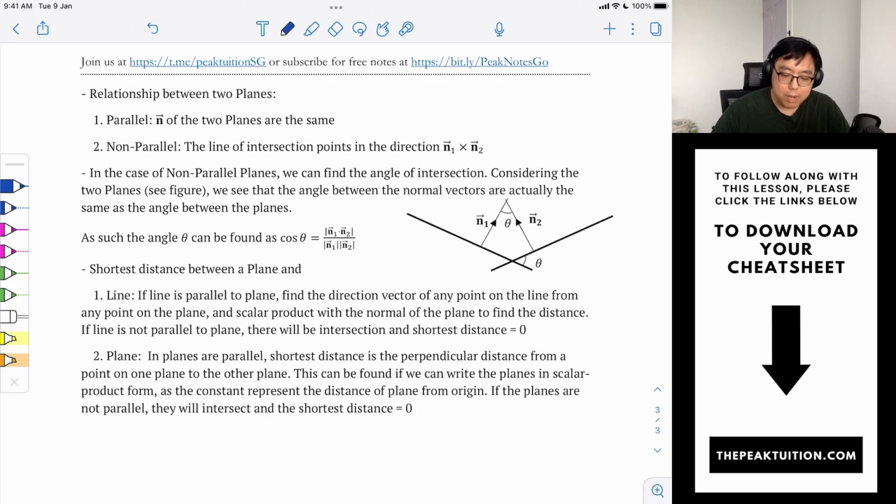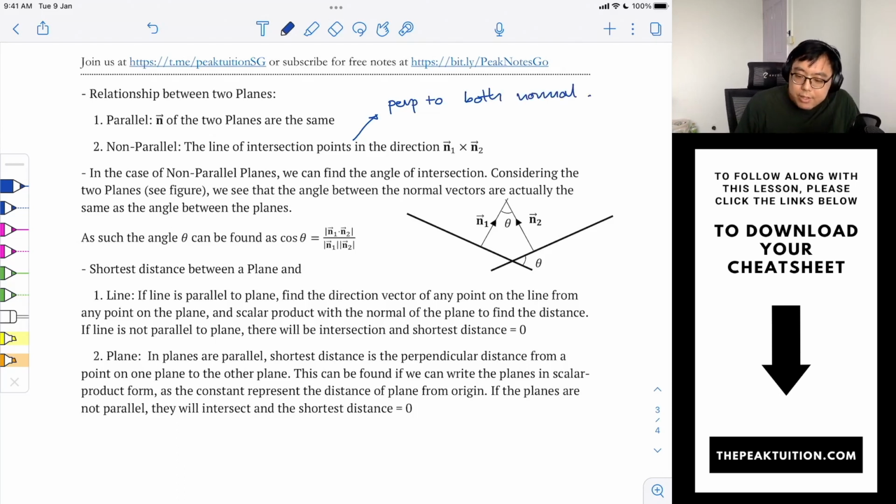If it's not parallel, then the line of intersection will point in the direction perpendicular to both normals. Why is it perpendicular to both normals? Think about it for a moment as I write this. The reason why the line of intersection of the two planes is perpendicular to both normals is because the line of intersection must lie on the plane, and we know that the normal is perpendicular to the plane.